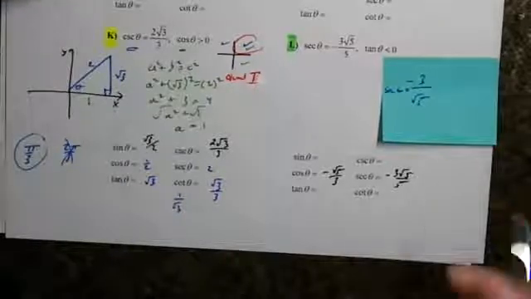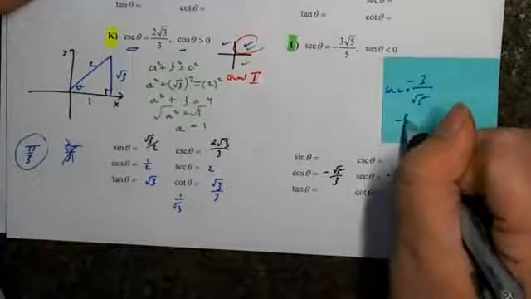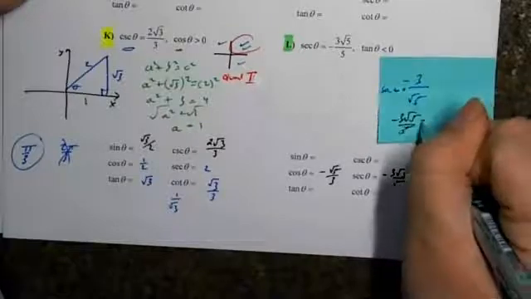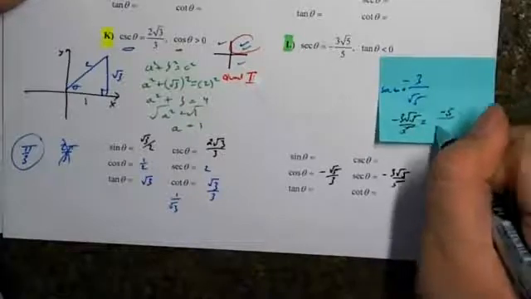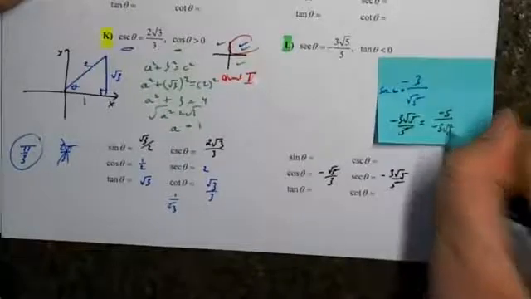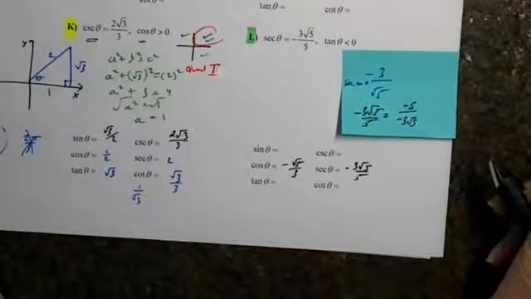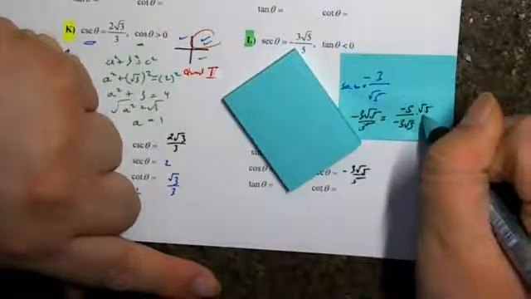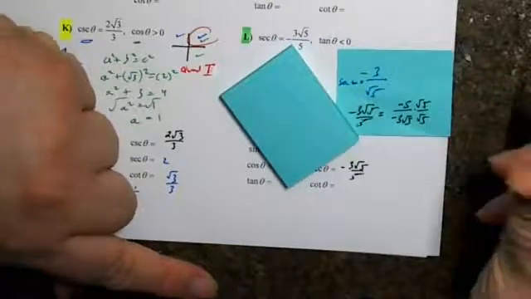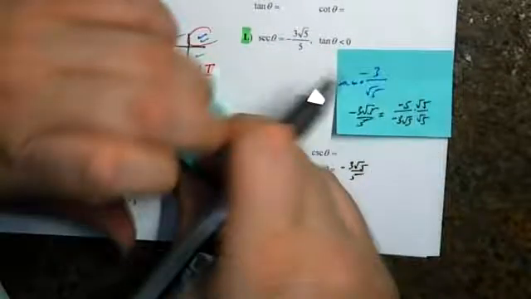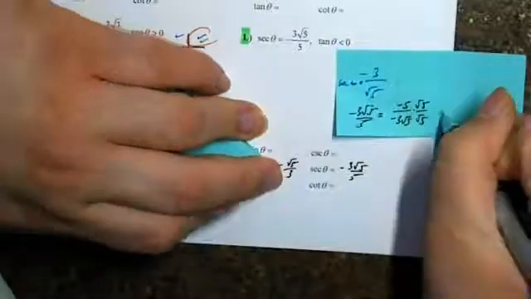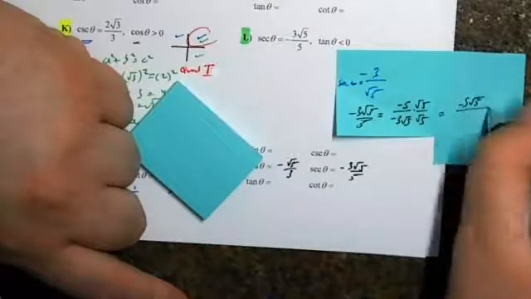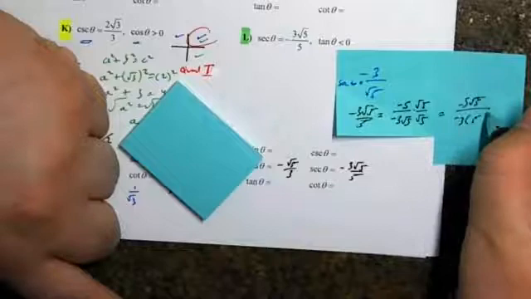If you can't do that, it's not a big deal. Just take negative 3 square root 5 over 5, and then when you rationalize that, you get negative 5 over negative 3 square root 5. So what happens is you multiply this by square root 5 over square root 5, and you get negative 5 square root 5 over negative 3 times 5, and those 5's reduce.